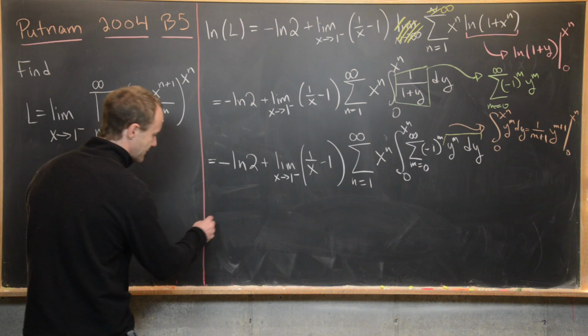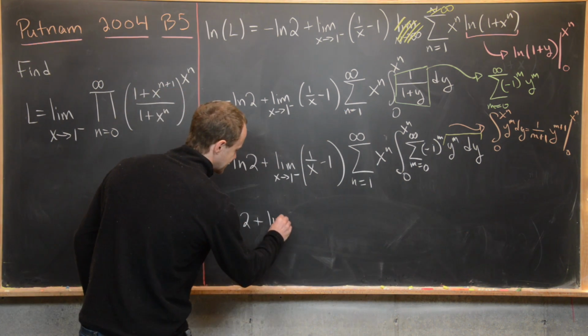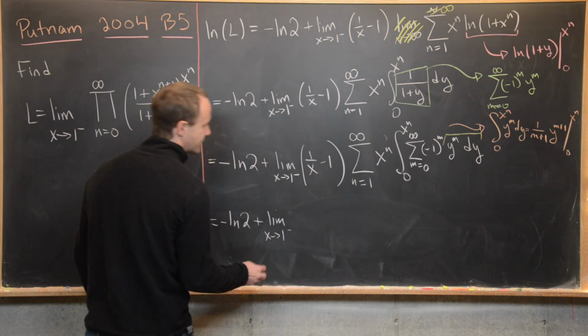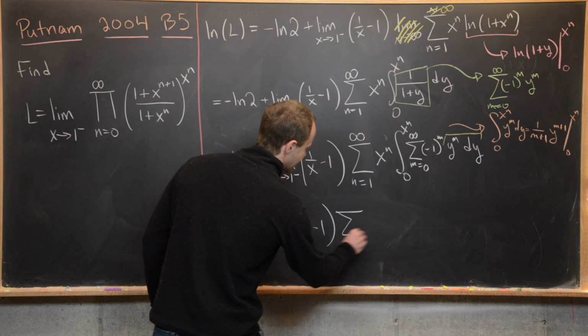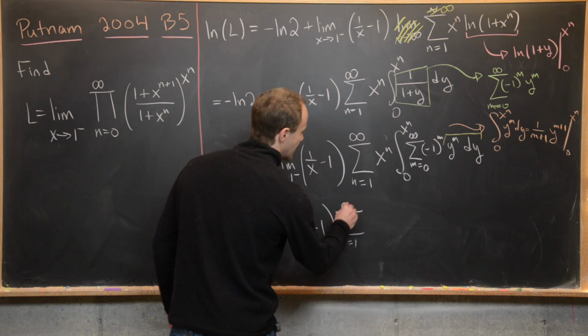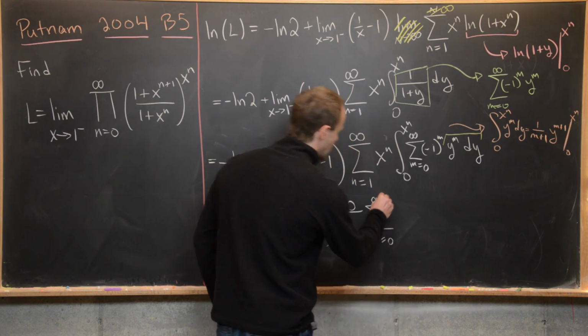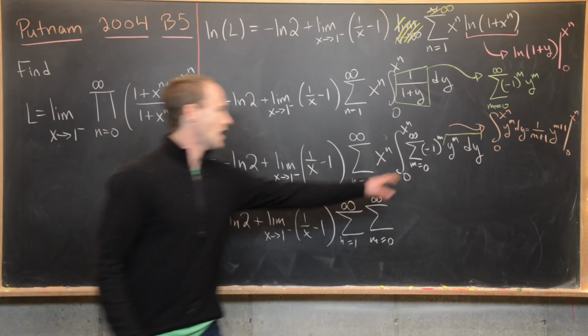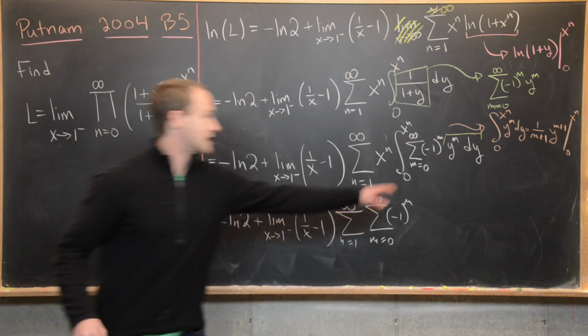Okay, so let's see where that puts us. So we have minus natural log of 2 plus this limit as x goes to 1 from below. We have 1 over x minus 1. Then we'll have the sum as n goes from 1 up to infinity. And then the sum as m goes from 0 up to infinity of minus 1 to the m. So that's from this.